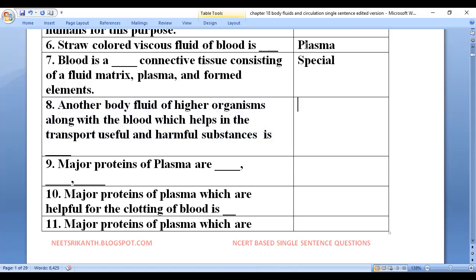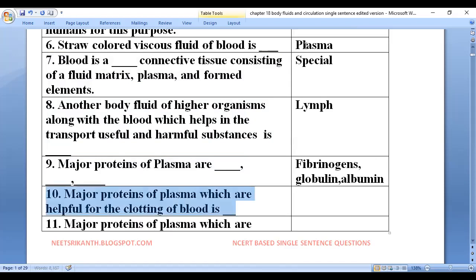Another body fluid of higher organisms along with the blood, which helps in the transport of useful and harmful substances, is lymph. Major proteins of plasma are fibrinogen, globulin, and albumin. Fibrinogen is helpful for the clotting of blood.